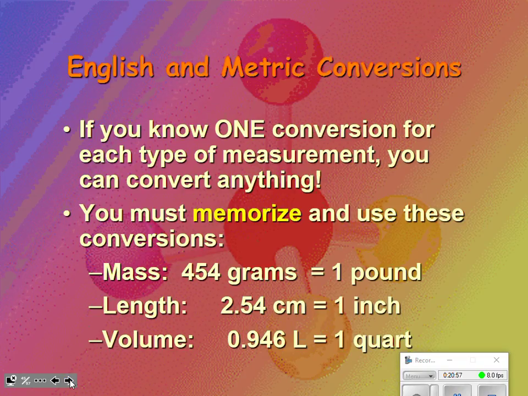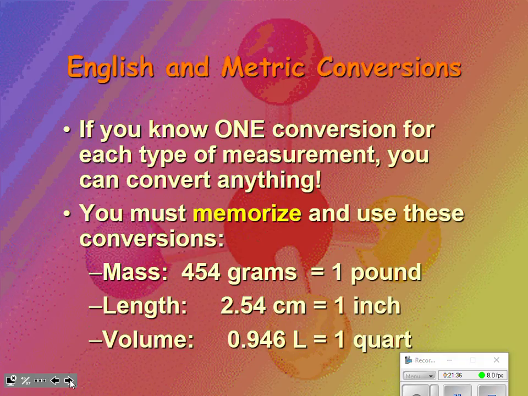Let's talk a little bit about English and metric conversions. They're no different. If you know one conversion factor for each type of measurement, you can convert anything. Now, the ones up here are some ones that I think you should memorize because you're going to probably see those often.